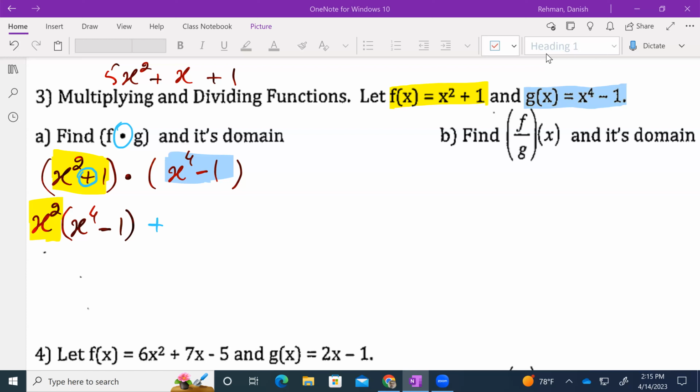And then I will bring in the second yellow highlighted term, which is a 1, times x raised to power 4 minus 1. Did you get it? I distributed the blue highlighted function into the two broken terms, x square and a 1. That's how you will do the multiplication.